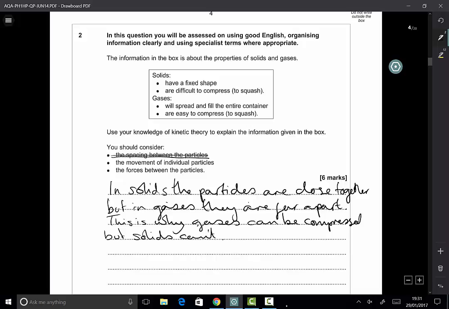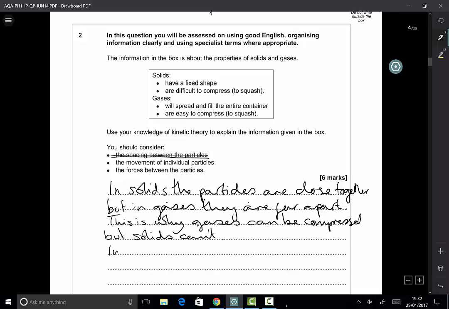Okay, so the movement of individual particles and the forces between the particles. Both of these two things together explain the difference between solids having a fixed shape and gases spreading to fill the container. So I'm going to talk about both of these before I relate it to the text in the box.